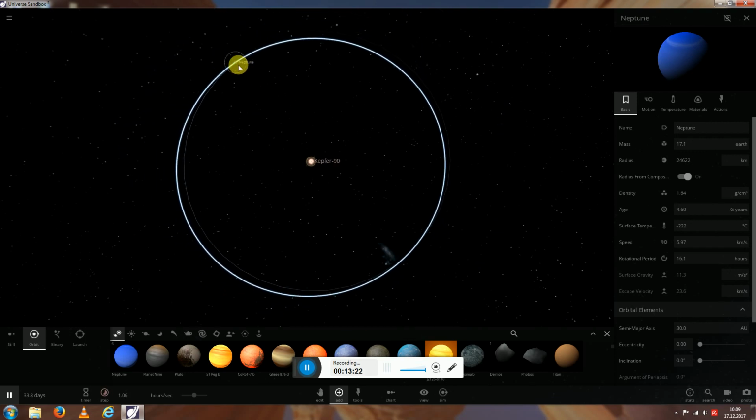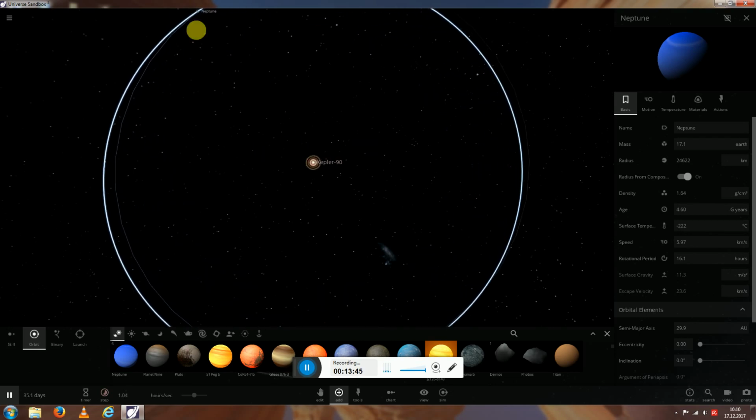There's a distance of about 29 astronomical units, or AUs. 29 times 150 million is about 4.5 billion kilometers distance between these two planets.